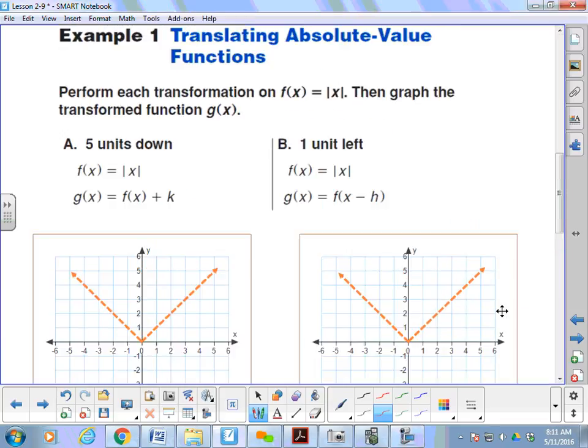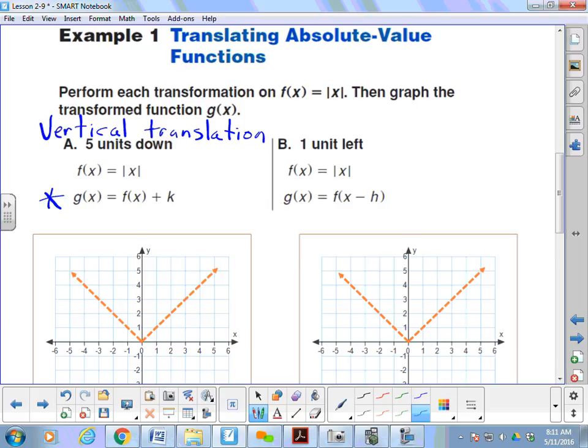So when we're talking about transformations, okay, there are 2 different types of translations. One of them is vertical, and the other one is horizontal. Right? So when we have a vertical translation, which is the case here, where we're going to go down 5 units, we have what looks like this.